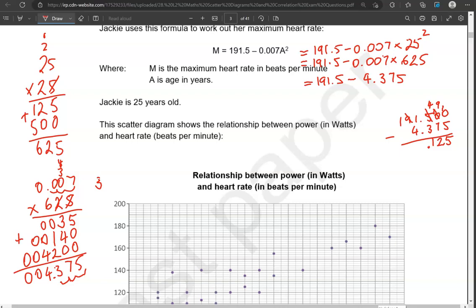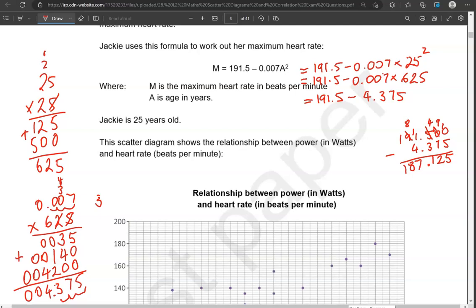So take away 1 from the 9. This becomes 11. So 11 take away 4 gives us 7. 8 take away 0 gives us 8. 1 take away 0 is 1. So 187.125. So we now have the maximum heart rate for Jackie.